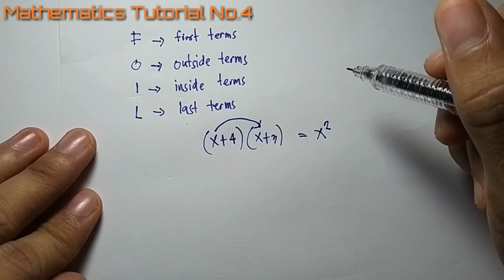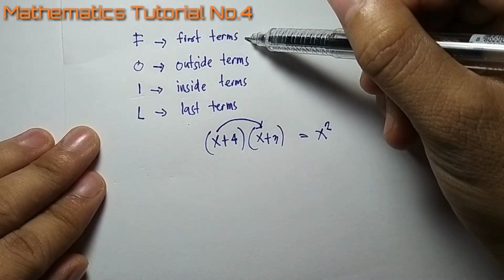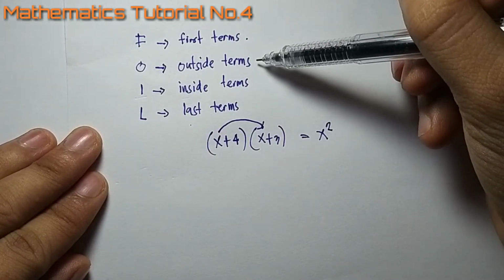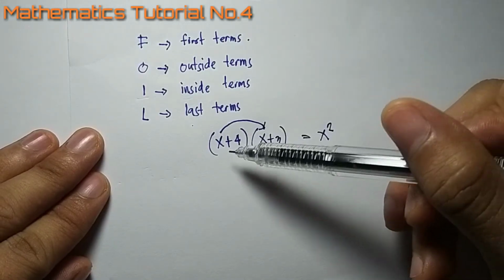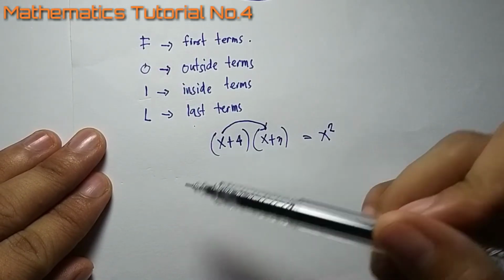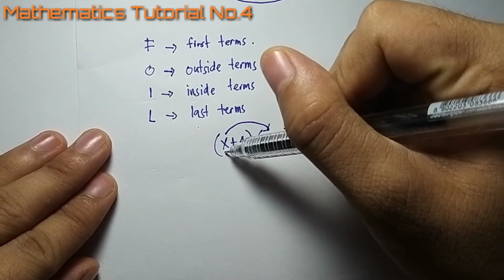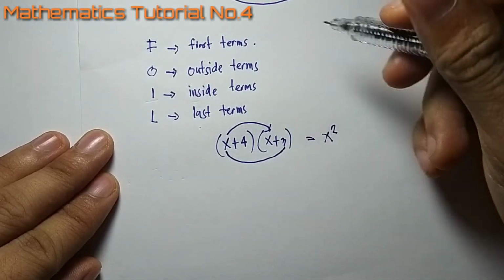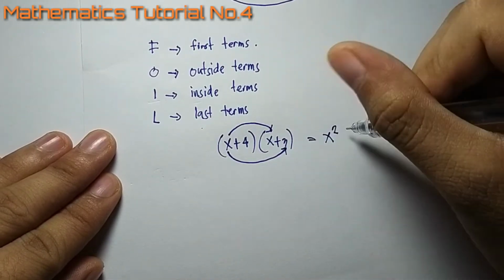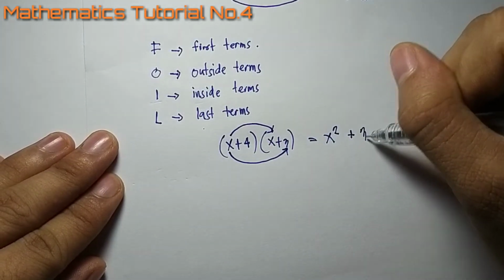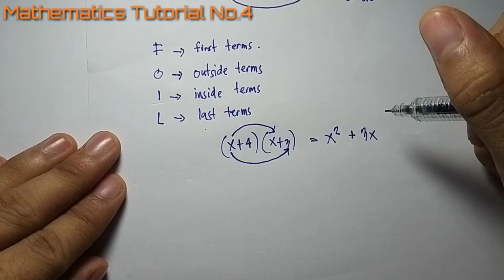Next, human na sa first terms. Diri na ta sa outside terms. Ang outside terms nato kay kining sa gawas nga part, kini x ug ang 3. So, we multiply that one, x times 3, that is positive 3x.